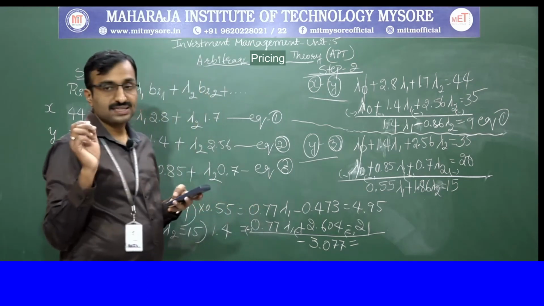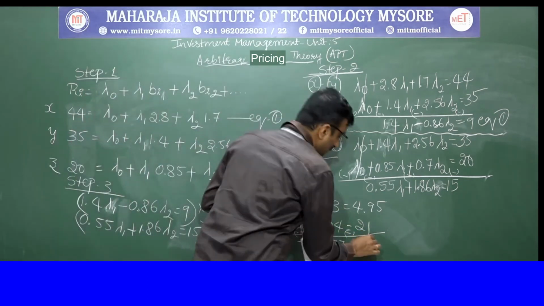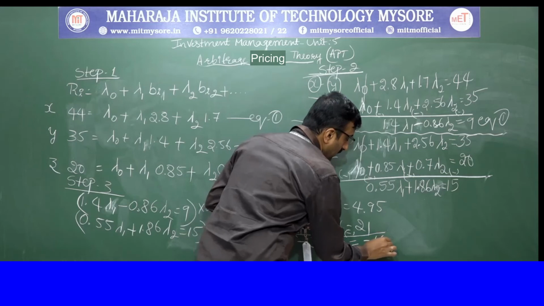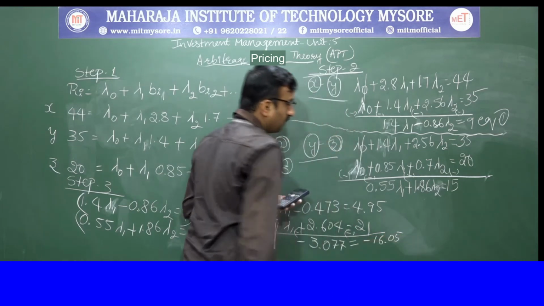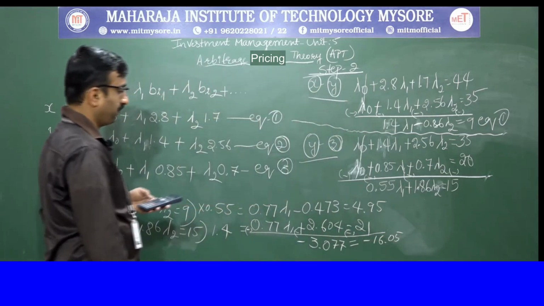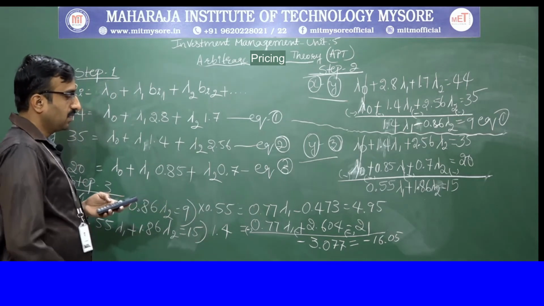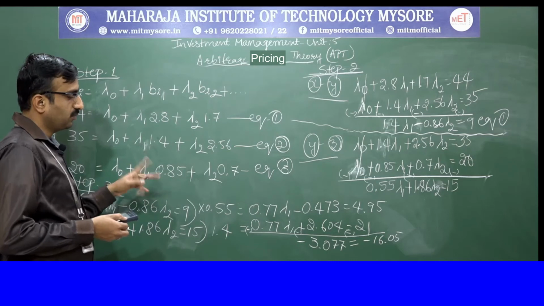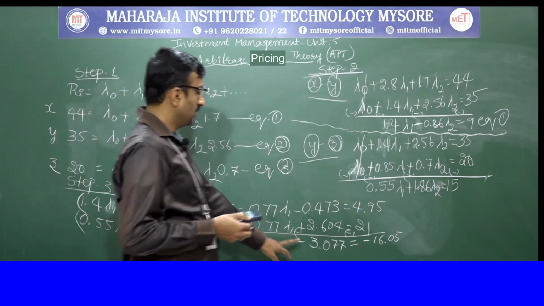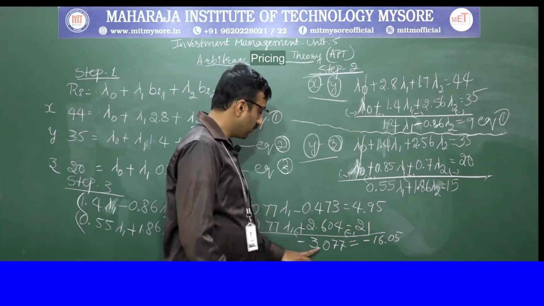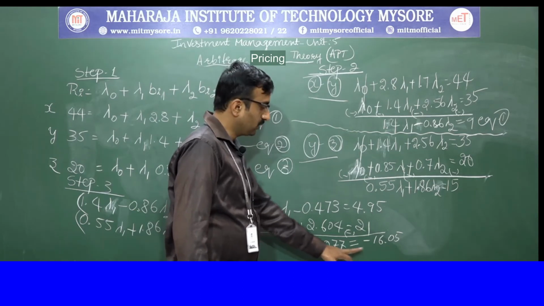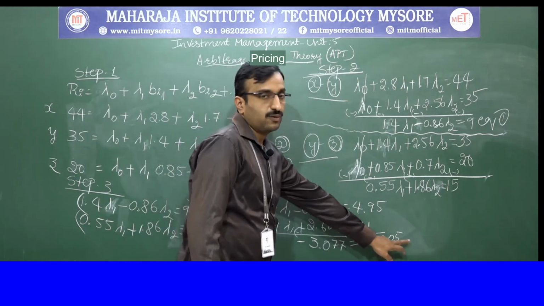So, we will get minus 16.05. If you club together equations 1 and 2, then the difference could be minus 3.077 lambda 2, that is equal to minus 16.05.